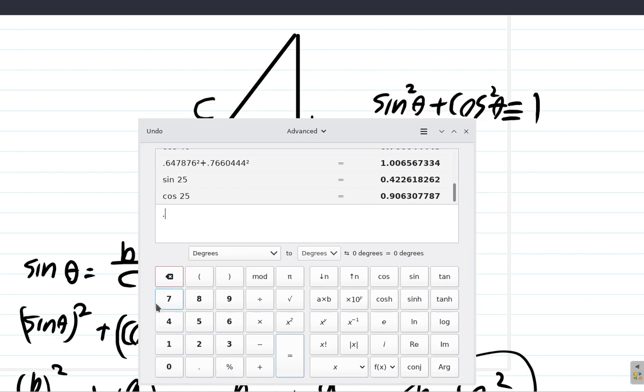Let's take the 0.4226 that we got for the sine of 25 and square it, plus, and we have the 0.9063 that we got for the cosine of 25, and we square that. When we add them, 1 again. So you see, any number you put in for theta will work.